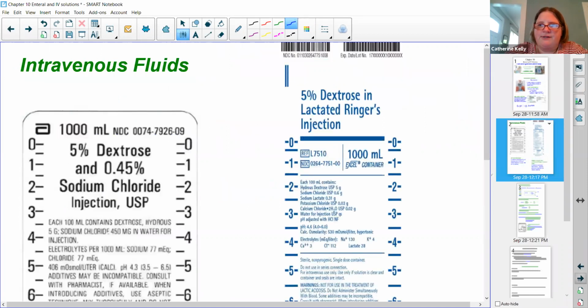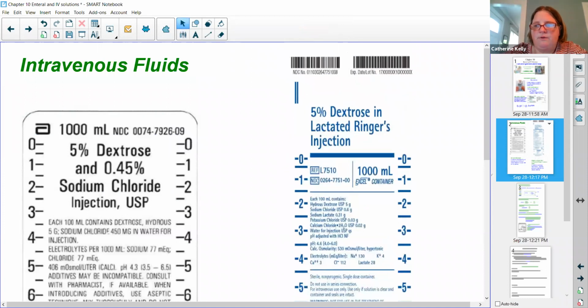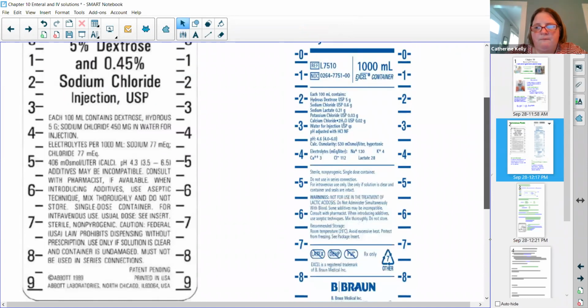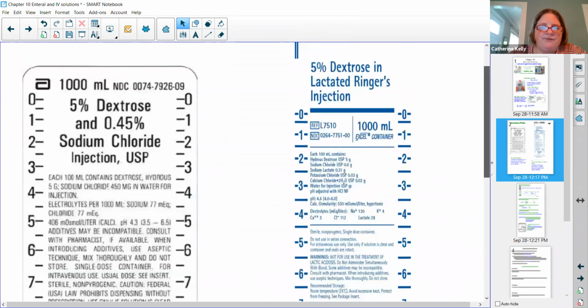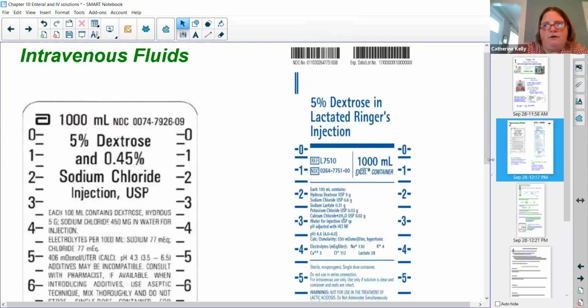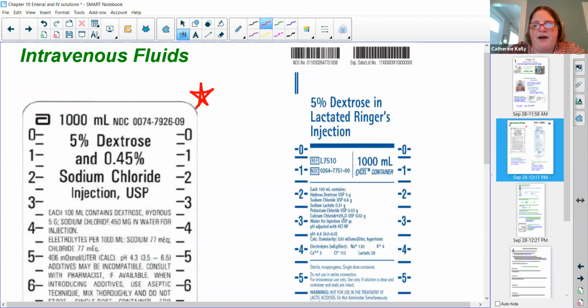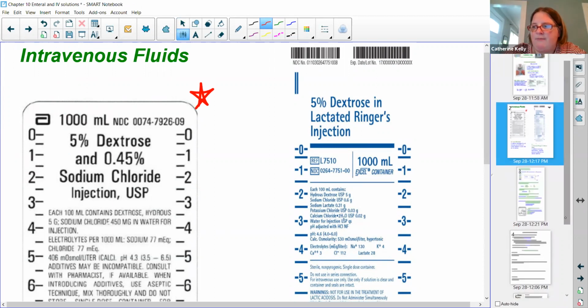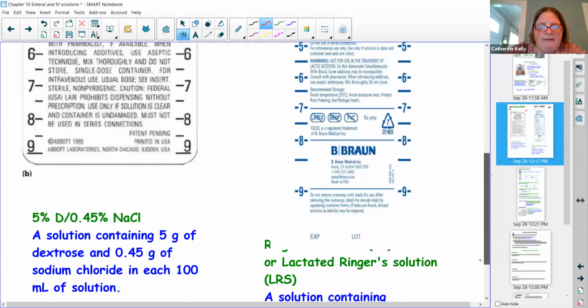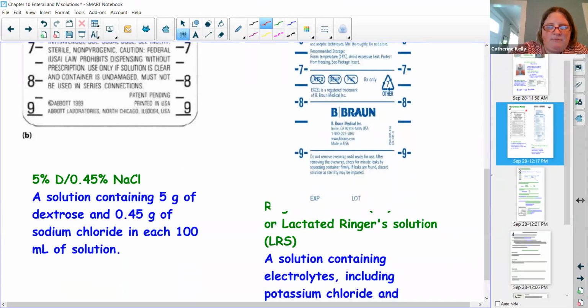These are what the IV bags look like. If you look at this first one over here, you see that there's 5% dextrose and 0.45% sodium chloride. And that means that there are 5 grams of dextrose and 0.45 grams of sodium chloride in each 100 milliliters of that solution.